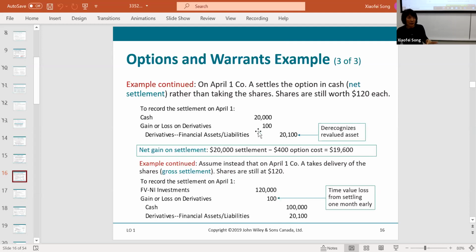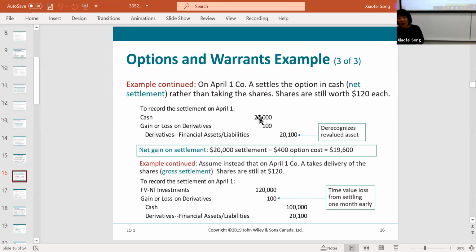On top here is the alternative settlement approach. We know that there's a value in here, but you don't have to actually purchase the shares to realize that value. You can settle net. Cash settlement, or settling net, is basically receiving the value of that option without actually taking delivery.